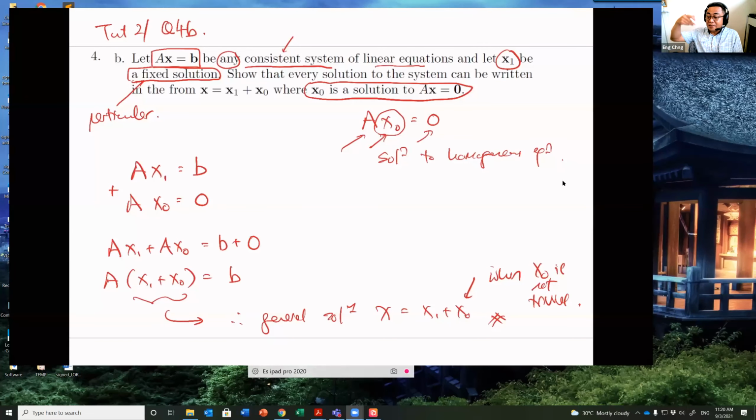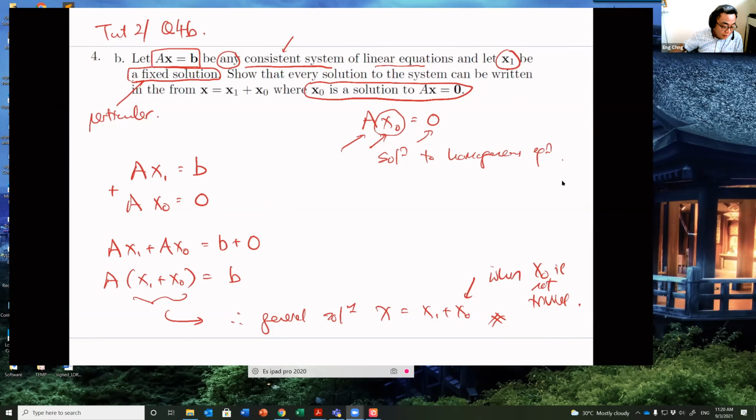If x0 is trivial, it means that it is the sum of all 0. Then x1 plus the sum of the 0 vector is of course only x1. So that is unique. But when x0 is infinite, then x1 plus an infinite solution, you have an infinite solution as well.